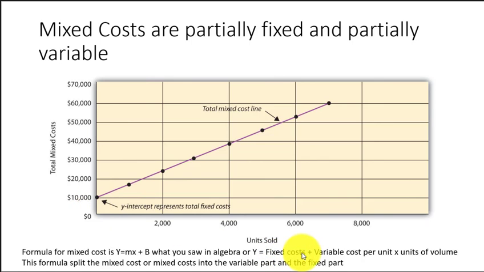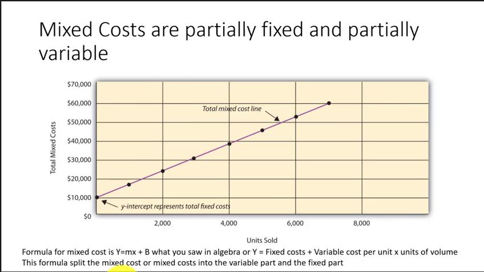And then we add the variable cost per unit, that's the slope, or how much the variable costs are going to go up per each unit of volume, and then we multiply that by units of volume.